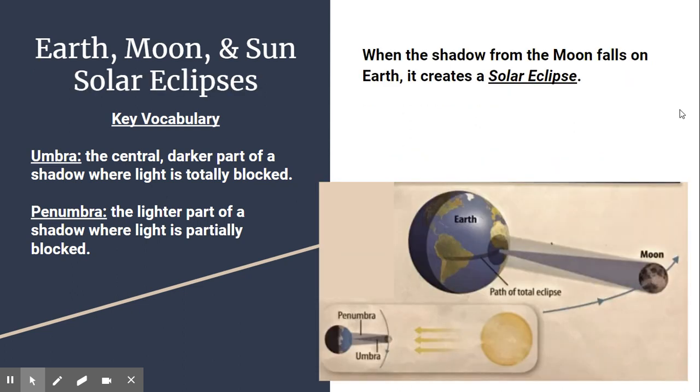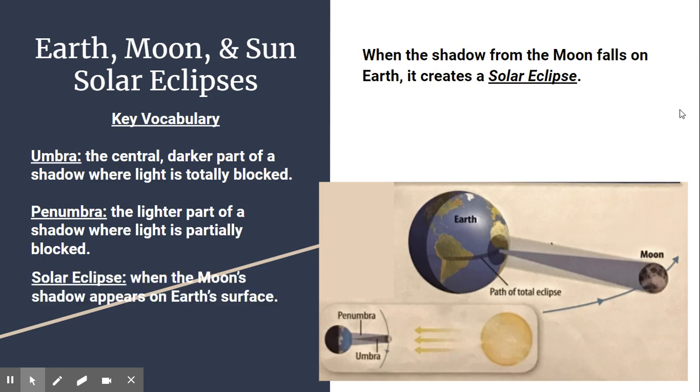Here in this diagram, you can see that the moon is casting both a dark central umbra and a lighter, larger penumbra. That shadow of the moon, when it falls on Earth, creates what we call a solar eclipse.